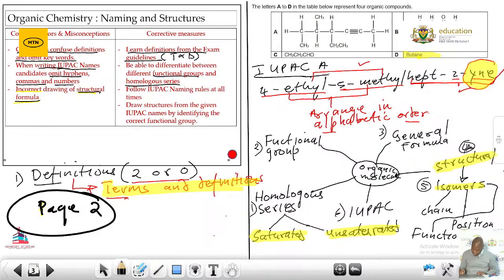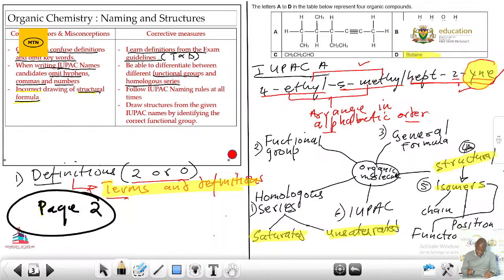And what is important is when you have addressed each and every segment or each and every bullet that I indicated here, then definitely feel free to go into an exam knowing that you will be expected to write an IUPAC name, you will be expected to give the general formula and the other ones that I did explain.